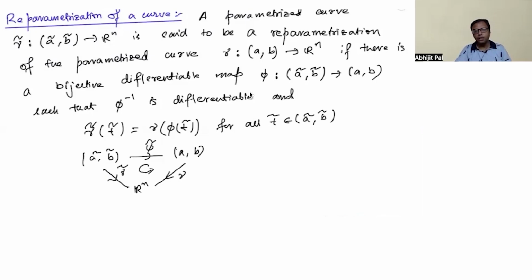Only you are changing the parameterization, so the image remains the same. So this gamma tilde and gamma, you can think of as the same curve, but only there is a change in the parameterization. So the image will be the same.